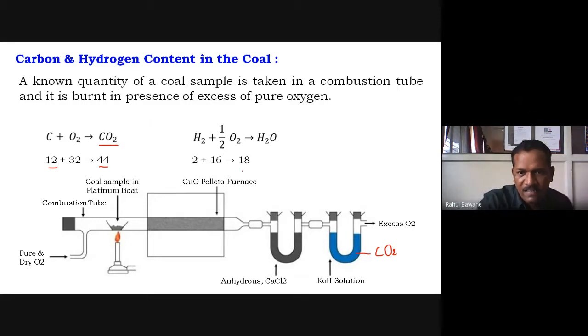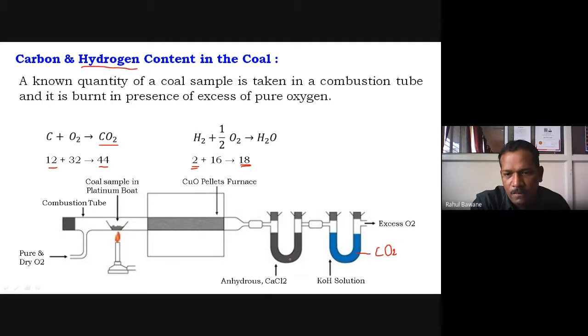Now can I say 18 gram of H2O requires 2 gram of H2? Or in terms of kg, 18 kg of H2O requires 2 kg of H2. So 1 kg of H2O requires 2 by 18 of hydrogen. From this relation, we come to know how much hydrogen is contained in our coal sample.